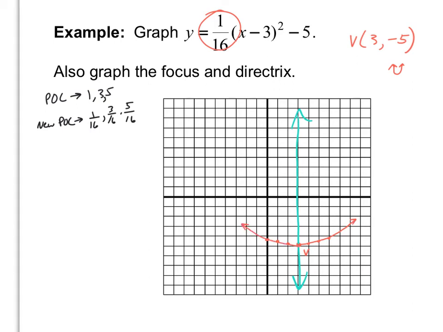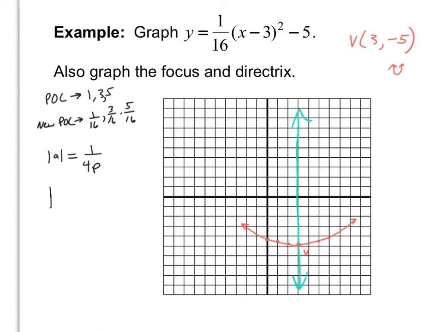Okay, now the next thing I want to do is find where my focus is and where my directrix is. So to find the focus and the directrix, I'm going to need to know what that P value is. So my formula is the absolute value of A has to equal 1 over 4P. Since my value of A is 1 over 16, that's what's going to go in there.